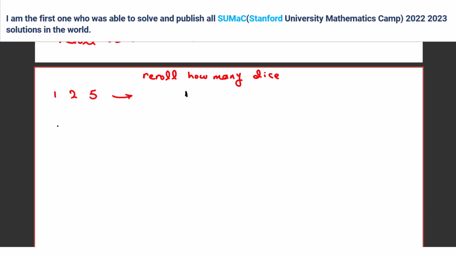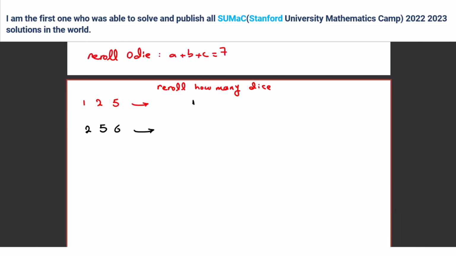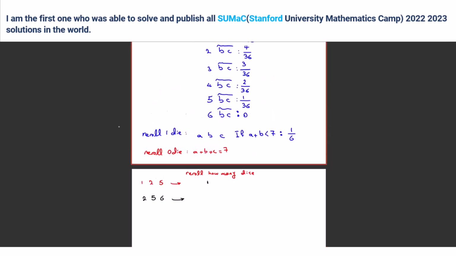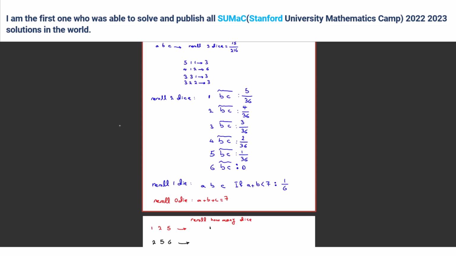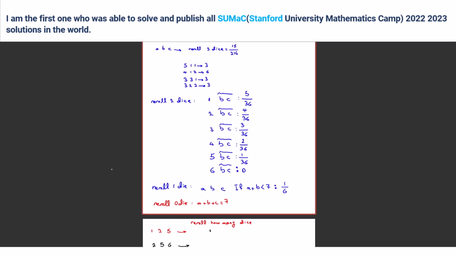If we have 2, 5, 6, then we reroll how many dice? You reroll 2 dice. And which 2 dice? 2, 5 or 2, 6 or 5, 6?